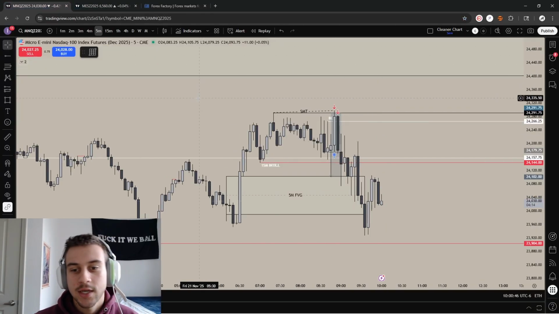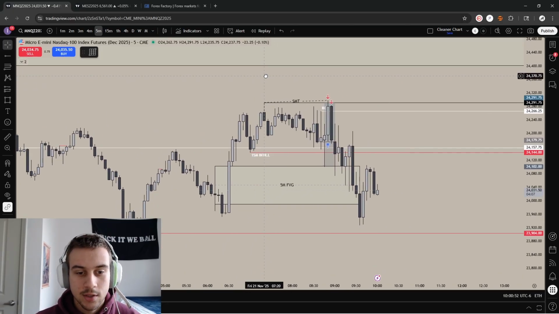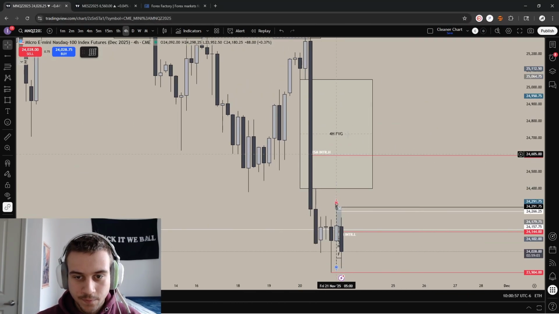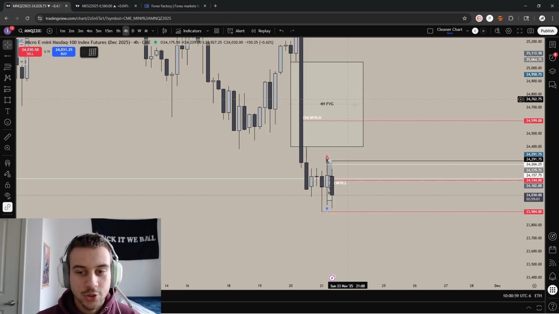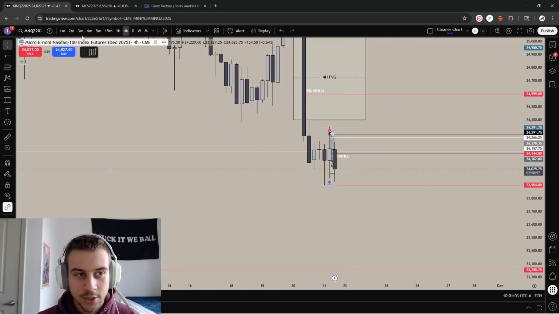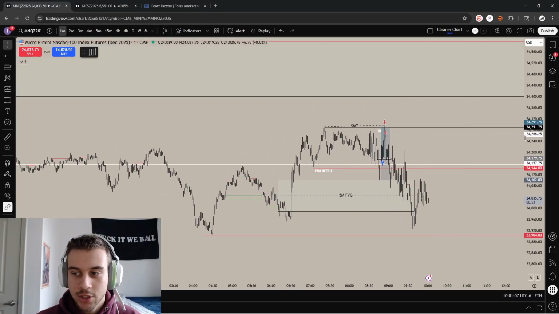So I basically said I don't want to see anything until this news event comes out, and what I'd like to see is either a long setup tapping this 5 minute to this unfilled 4 hour, which was above, or a short setup after we ripped up higher, tapping this 4 hour gap to then continue lower. And we get the continuation long setup.